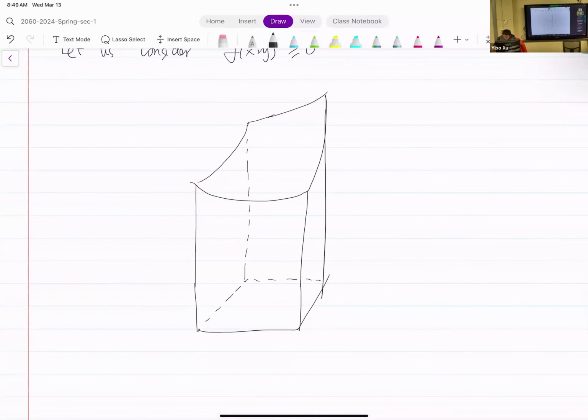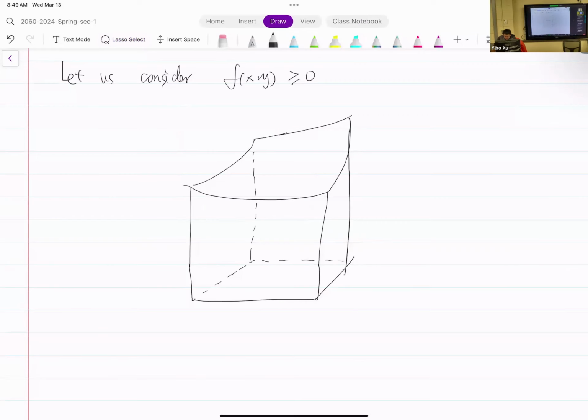Okay. And here, let's introduce the axes. So we have the horizontal axis, and the axis a little bit parallel to the dashed line. That's the x-axis, y-axis. The height is the z-axis.